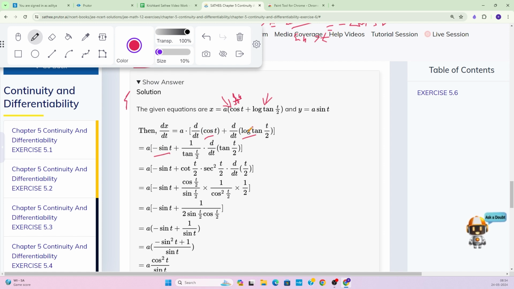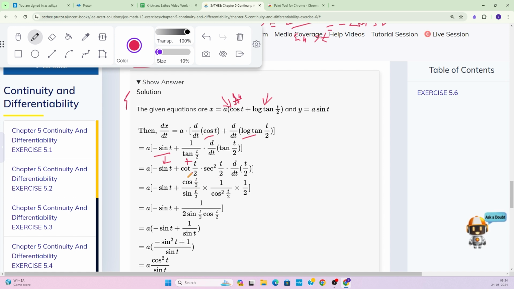First it will be 1 by tan t by 2, and now differentiate tan t by 2. We know the derivative of tan is sec square, so it will be sec square t by 2. Now differentiate t by 2, it will be just half, so you will get this whole form.